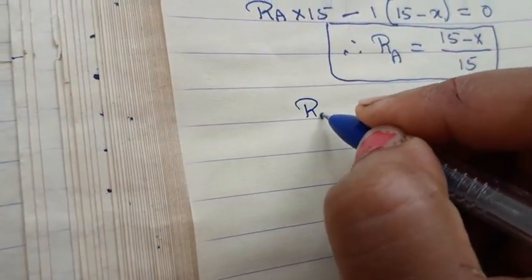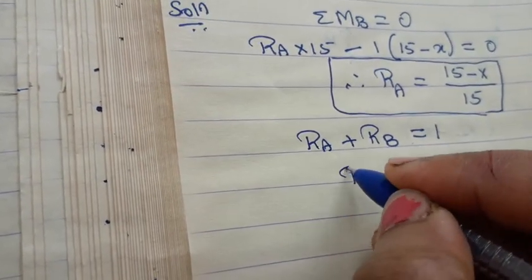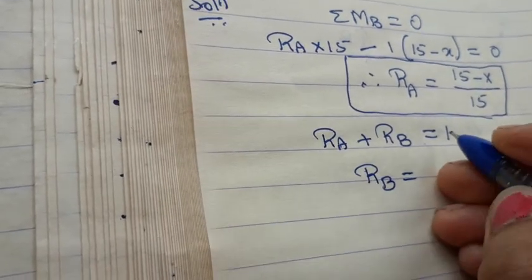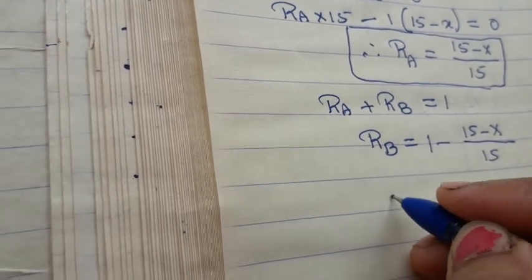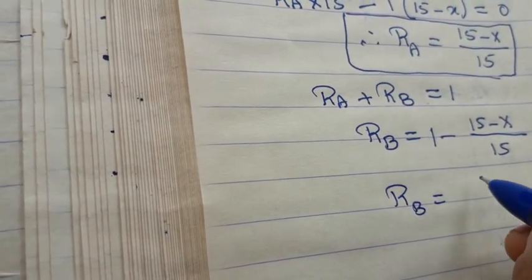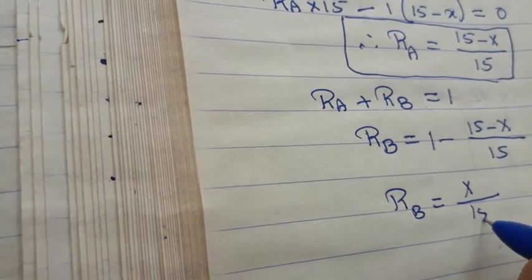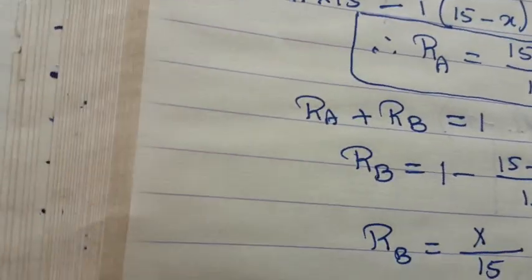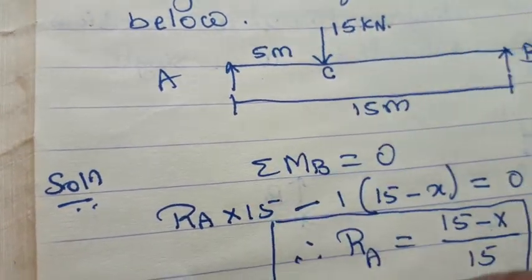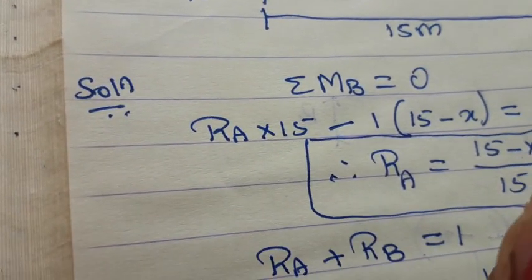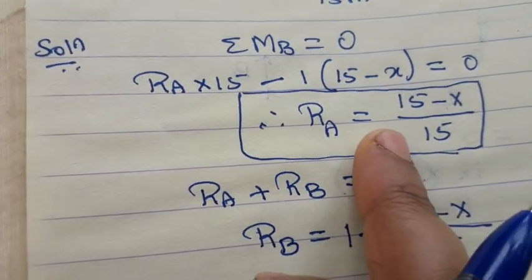So, RA plus RB is equal to 1. Therefore, RB is equal to 1 minus (15 minus x) by 15, so RB is equal to x by 15. So, what we are doing is this 5 we are taking as x and this 15 we are taking as 1, right.